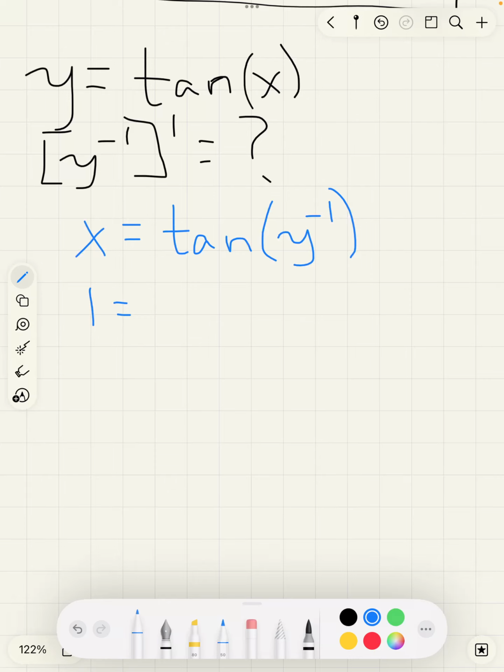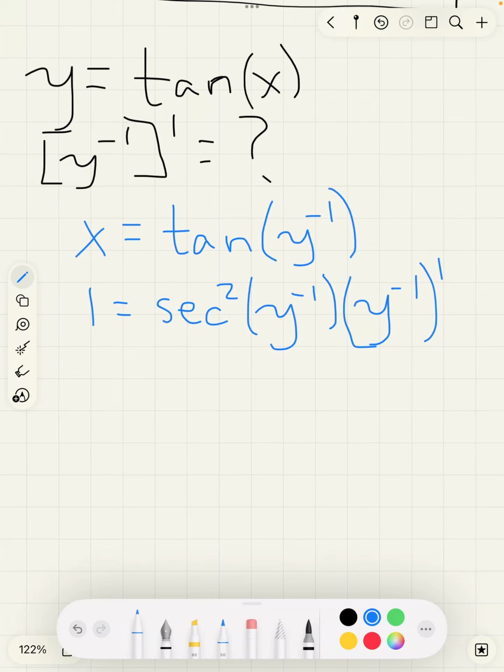So derivative of tangent of stuff is secant squared of stuff multiplied by the derivative of stuff. So if I want to find y inverse prime, all I need to do is divide both sides now by secant squared of y inverse.